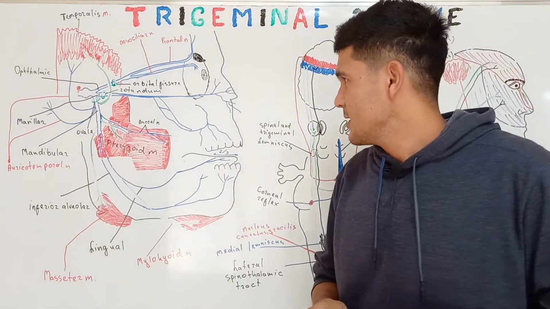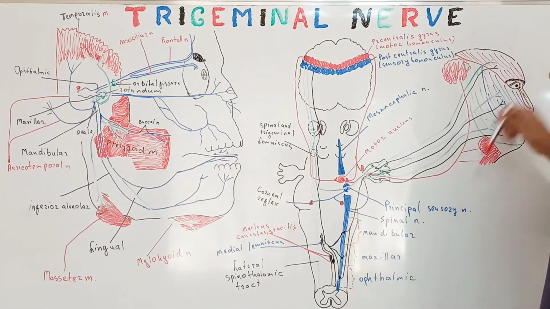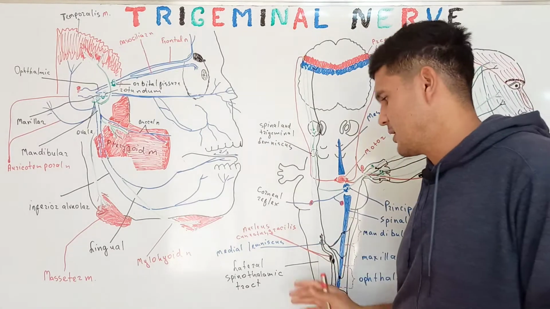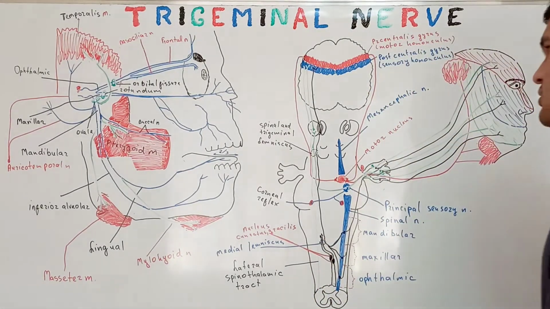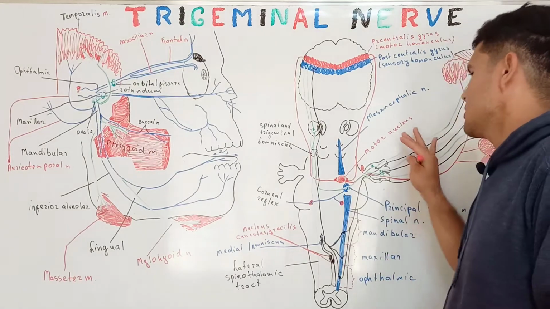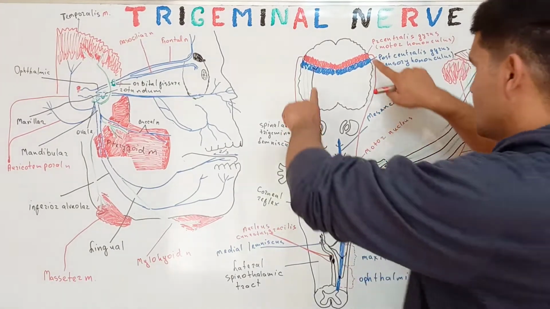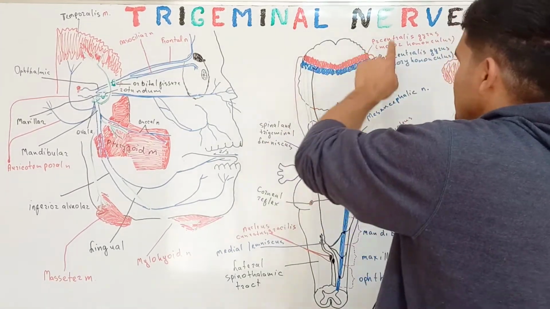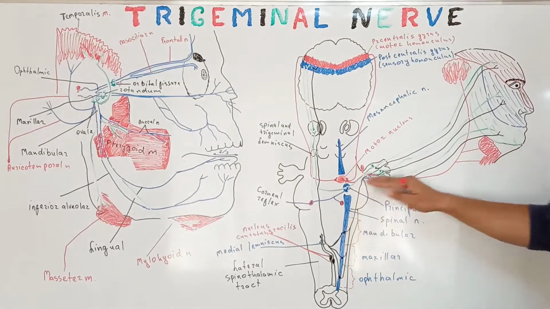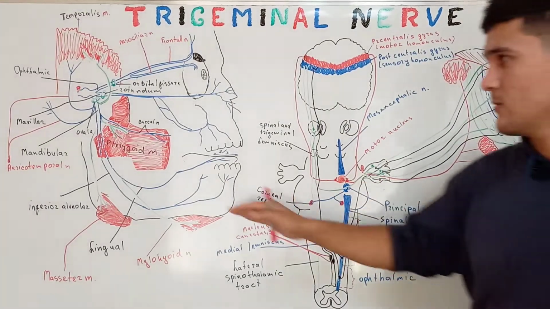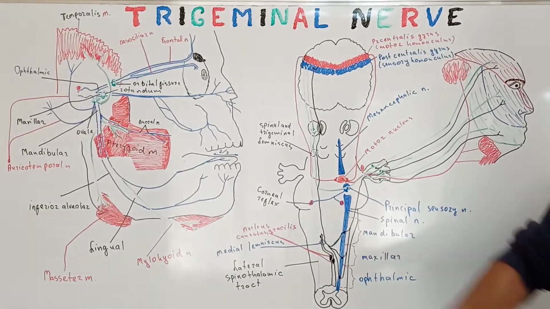The next information is about the nuclei, sensory fibers and motor fibers of the trigeminal nerve. I prefer to begin with the motor nucleus. The motor nucleus receives impulses bilaterally from the motor homunculus, and it directs the impulses to the muscles responsible for the chewing action.